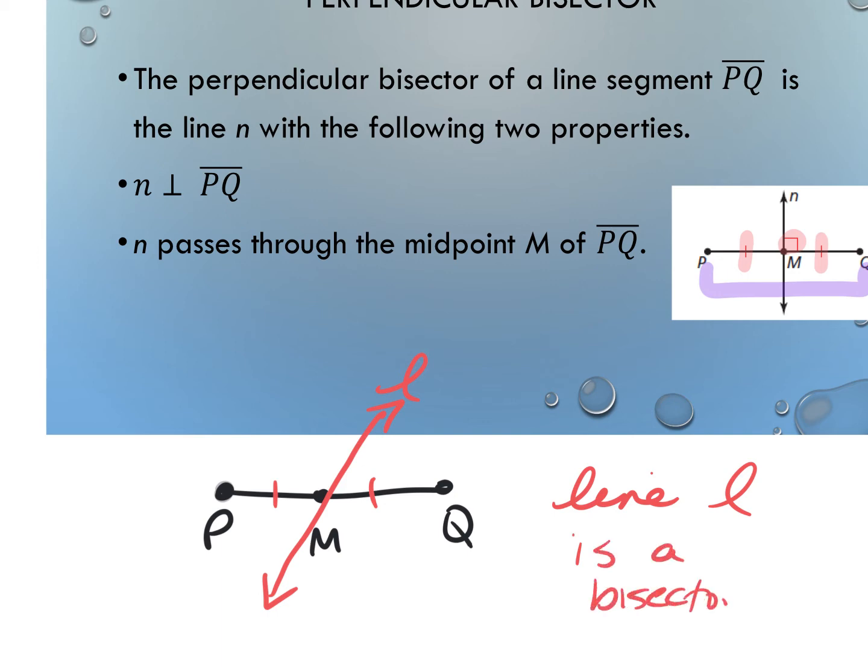Because it doesn't have the right angle, it's not a perpendicular bisector. So no matter if it's a regular bisector or perpendicular, it's still splitting that segment into 2 congruent pieces. What would have made line L a perpendicular bisector is the right angle.